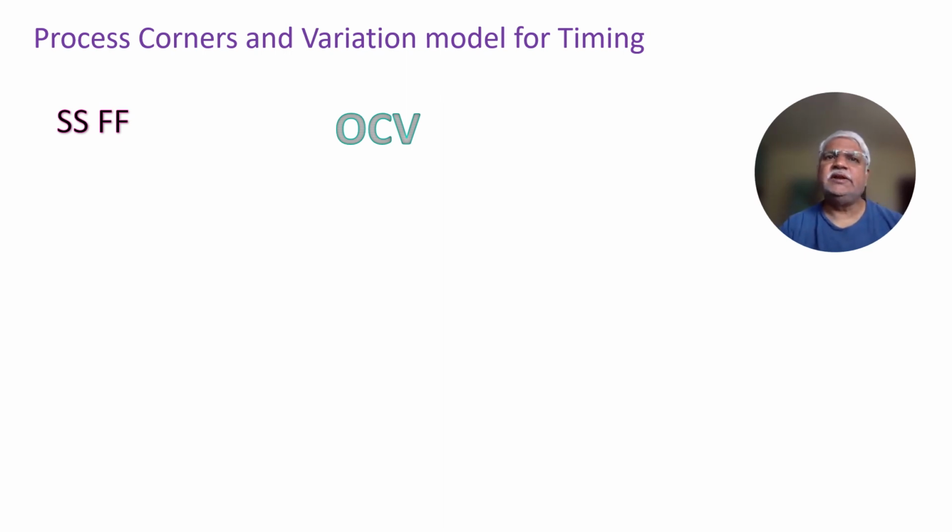Process corners and variation models for timing will be discussed briefly here, to connect how the process corners and the variation models are related. As we have observed, the SS corner, FF corner and TT corner are used along with the OCV variation model to improve the accuracy and correlation of simulation to silicon data.